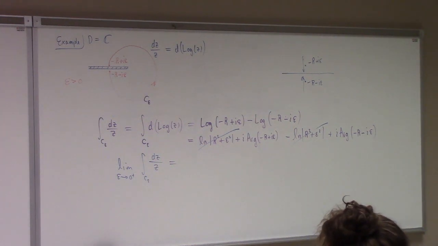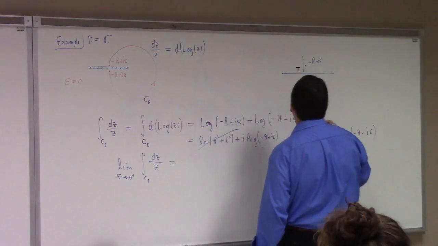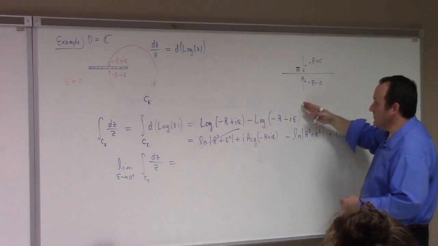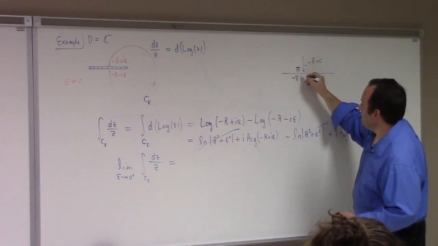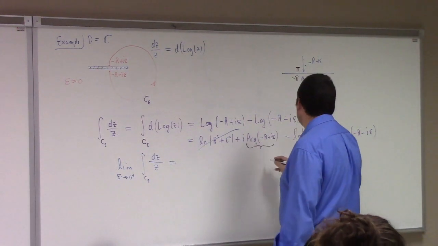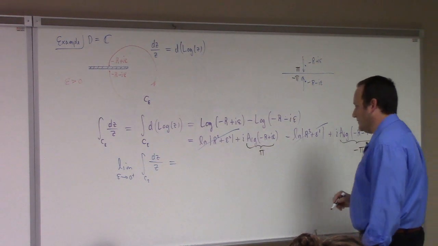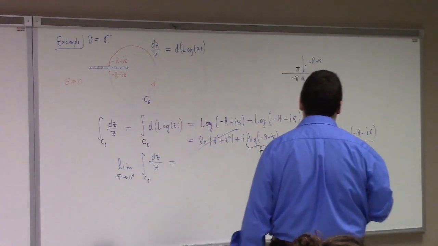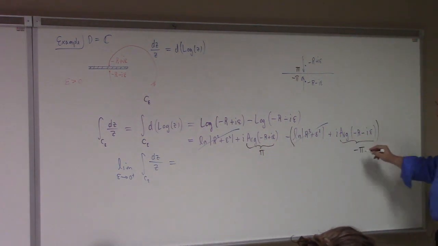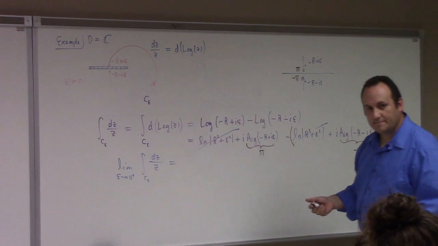What's the principal argument approaching from the top of the negative real axis? Yeah, pi. It's pi up here. But as we approach from the bottom, we're swinging from 0 to minus pi over 2 to minus pi, right? That's where the jump is in the principal argument. So this limits to pi, and this limits to minus pi, yeah? And I think I have failed to do something, which is what? Parentheses are your friends, right? That's a minus, which gives me a net of 2 pi i, right?